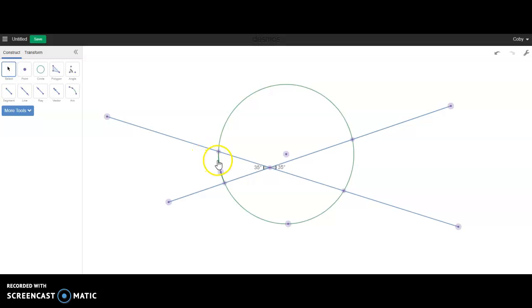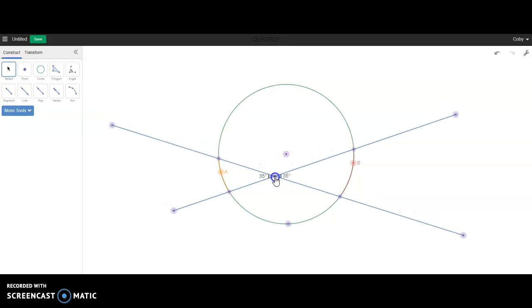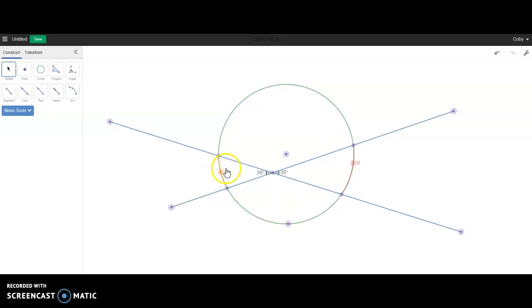So this first arc here, this orange arc, I want to call that arc A. This red arc over here, I want to call arc B. So intersecting chords create this 35-degree angle, and the angles pass through these points, creating these two arcs. I want to look at the relationship between this 35-degree angle and these two arcs.